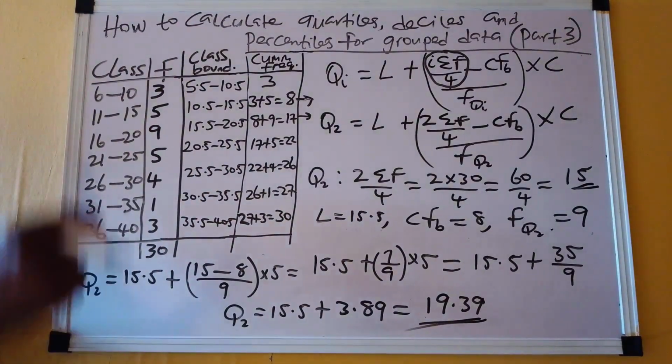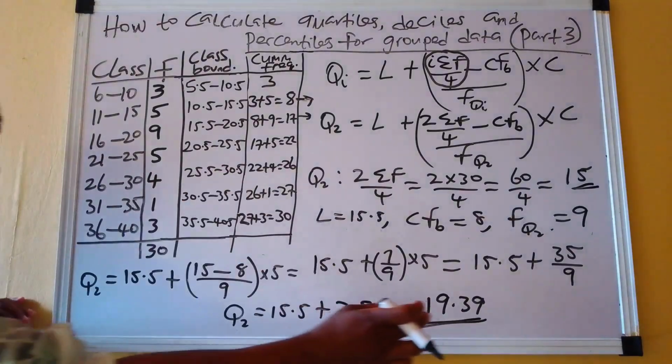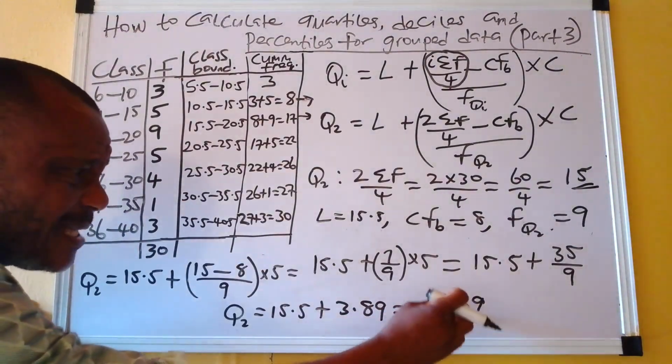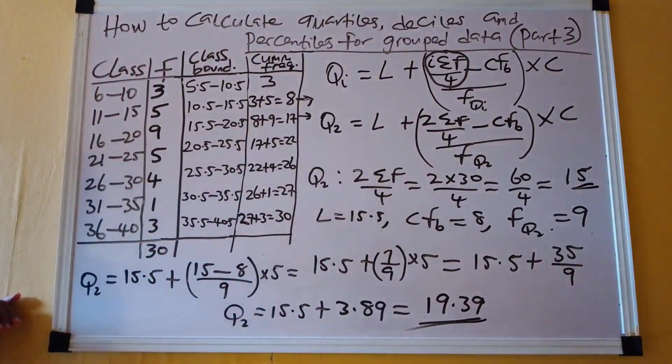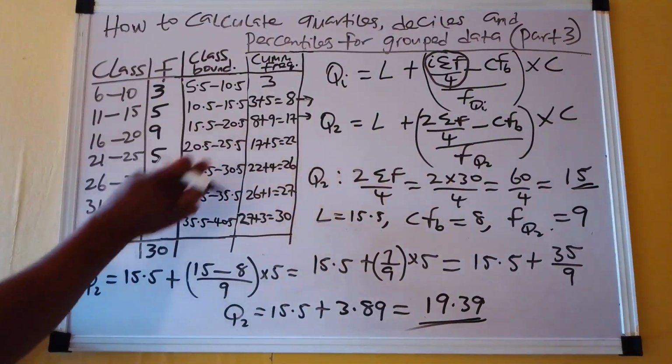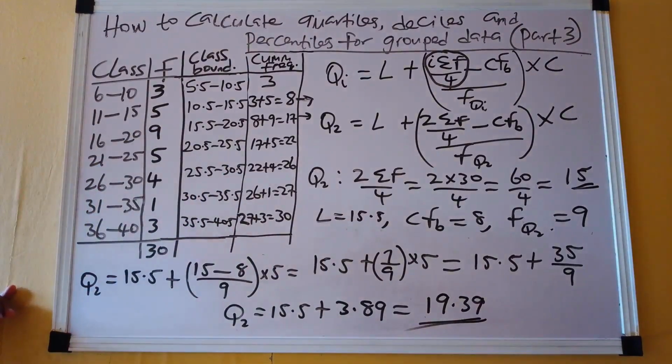There is one thing, knowing the class and knowing the value. The value must fall within that class. If the value we calculated is above 20.5, then our answer is wrong. There is something wrong somewhere. And if it is below 15.5, then something is also wrong somewhere.